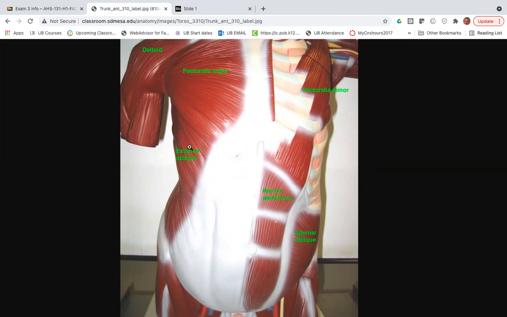That's the direction of the external abdominal oblique. If you look at the internal oblique, the fibers run almost perpendicular to one another. So the external oblique runs this way, and then we would have to deflect this back. The internal oblique would be going the other direction. The external oblique and internal oblique fibers run in opposite directions.